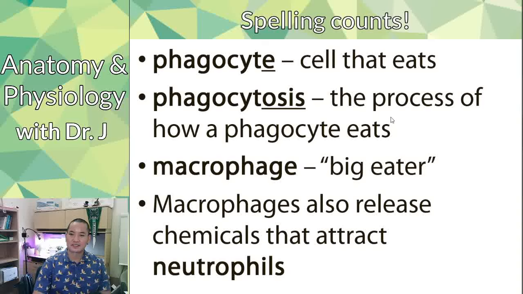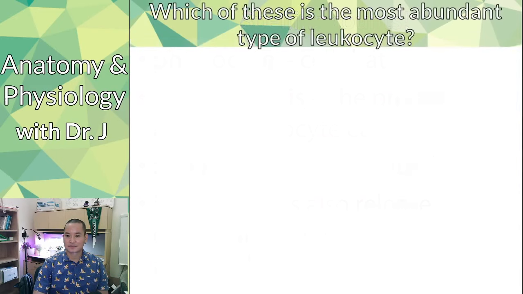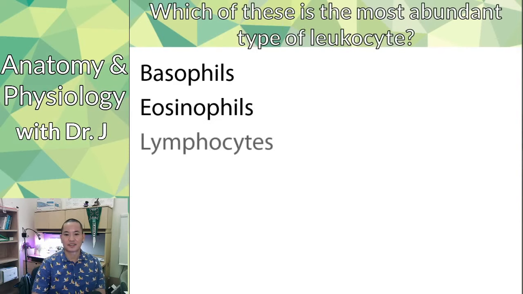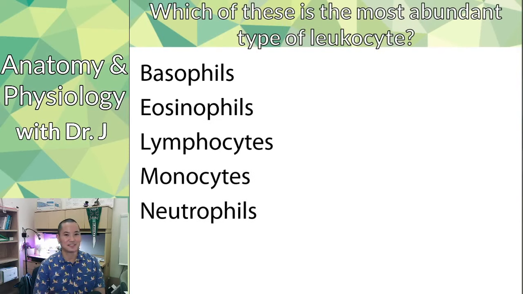Now neutrophils, they're named because of how they appear under H&E stain and another type of staining in those blood smears. But neutrophils, again, back all the way to exam 1, when we talk about the different types of leukocytes, which is the most abundant type of leukocyte?